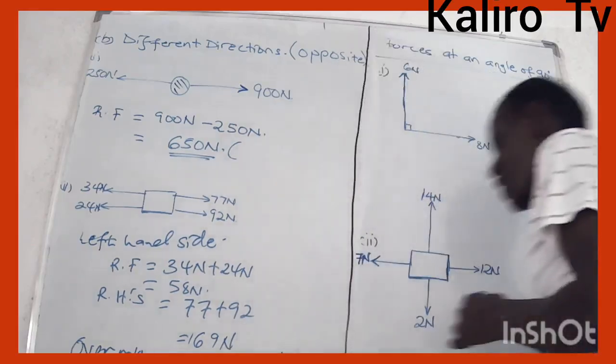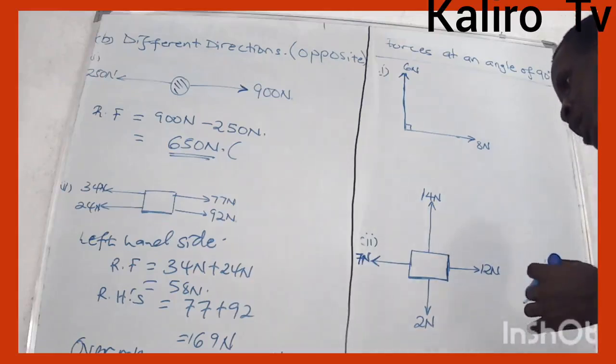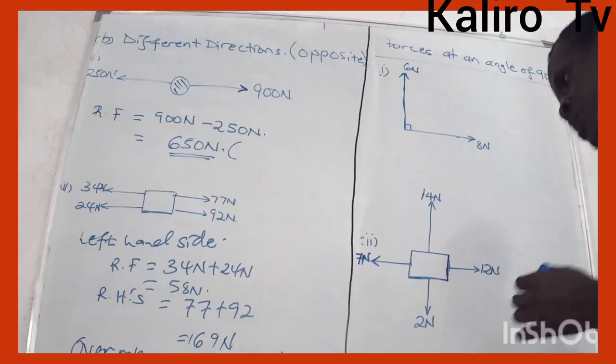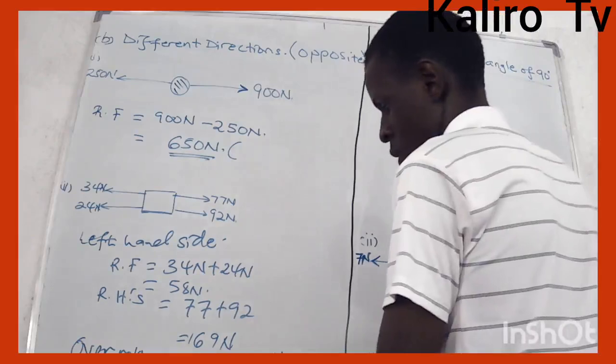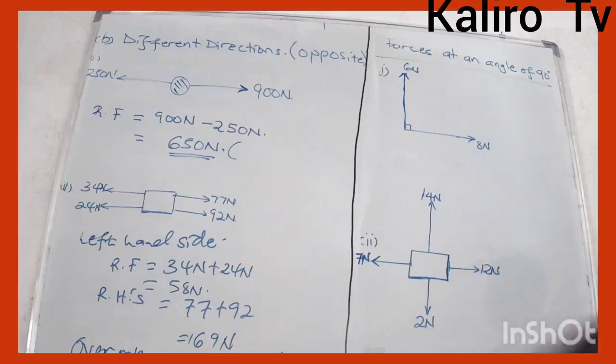Those with a calculator, you can please press it, but as we check, we shall have 169 minus 58. We get 111 newtons. So that's what you do.